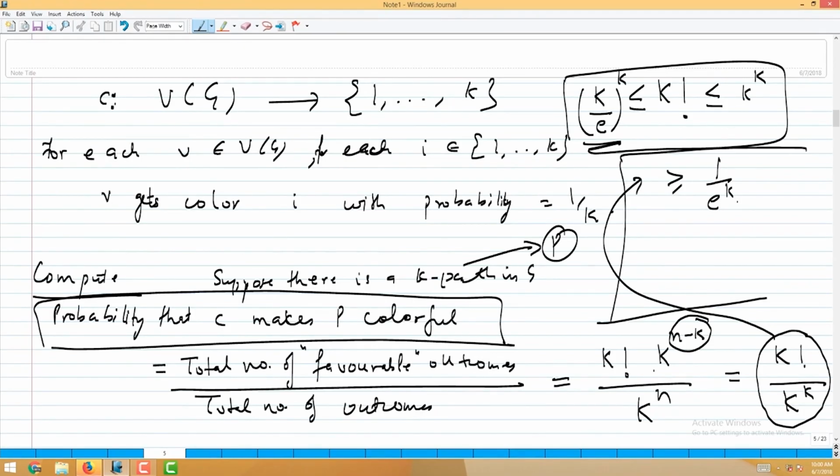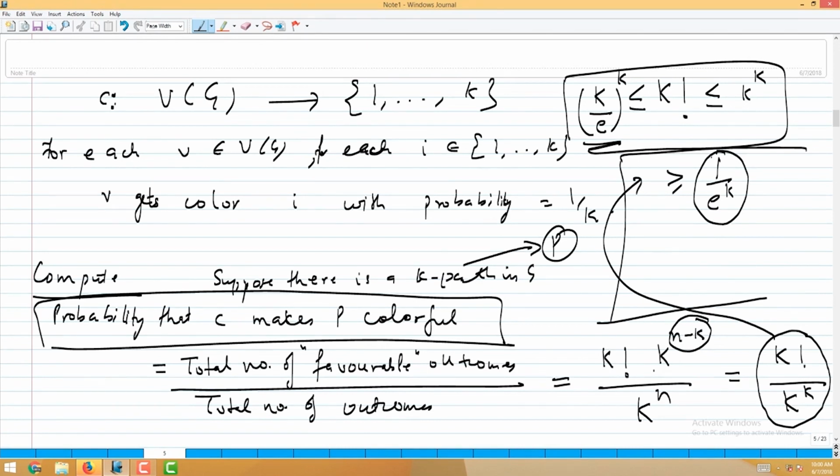So what have we proved? That if I take a coloring uniformly at random, then this is a good coloring for me with probability at least 1 by e power k.